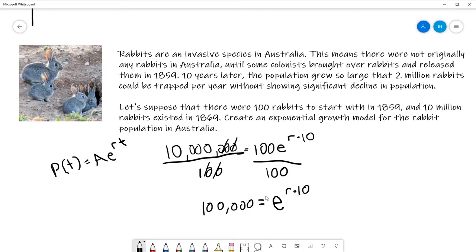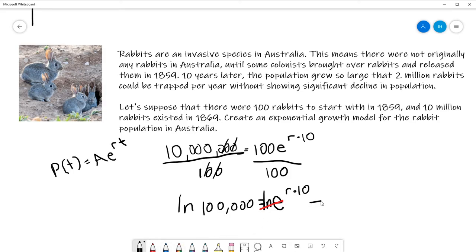Now, this is where we have a classic exponential equation where our variable is in the power. So we need to get rid of this exponential. We need to get rid of the e. To do that, we're going to use our handy natural logarithm, right? The natural log, if you guys remember, is an inverse of an exponential with base e. So these guys will cancel each other out.